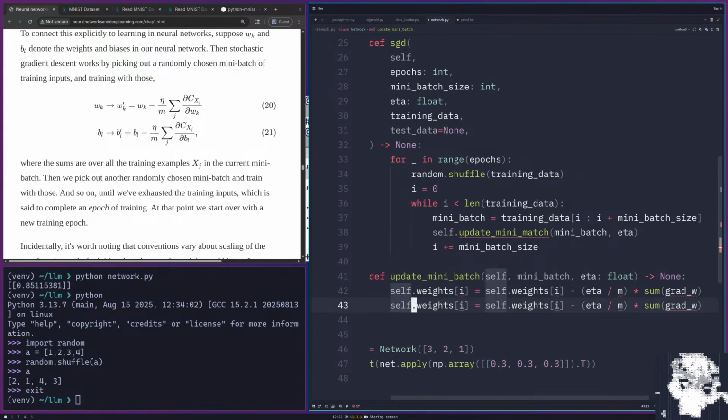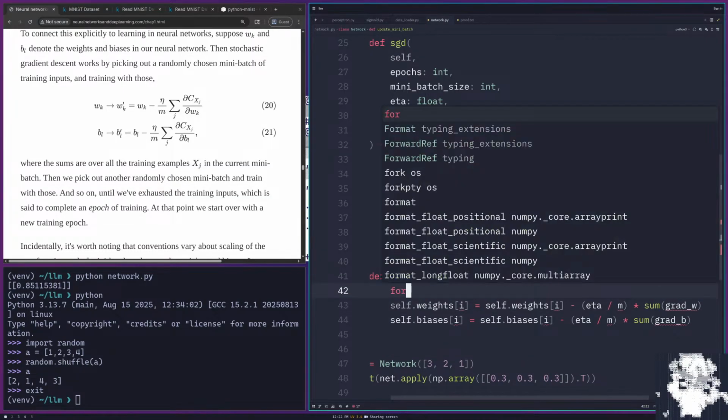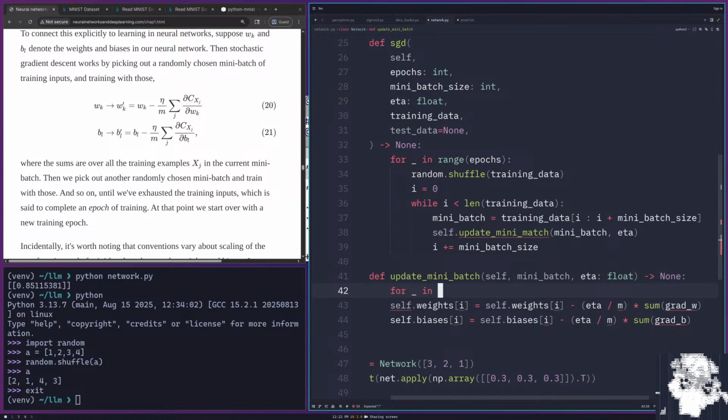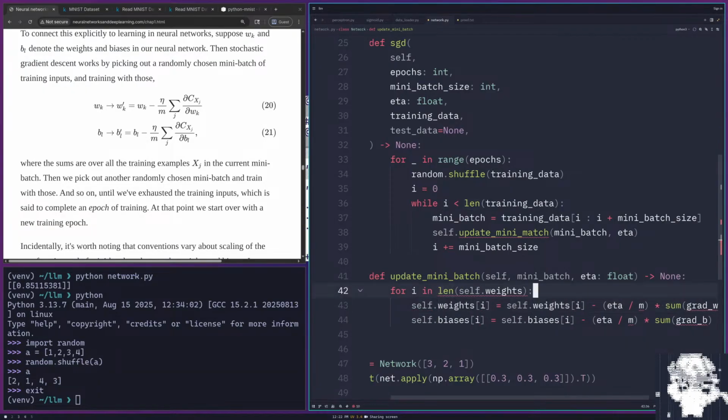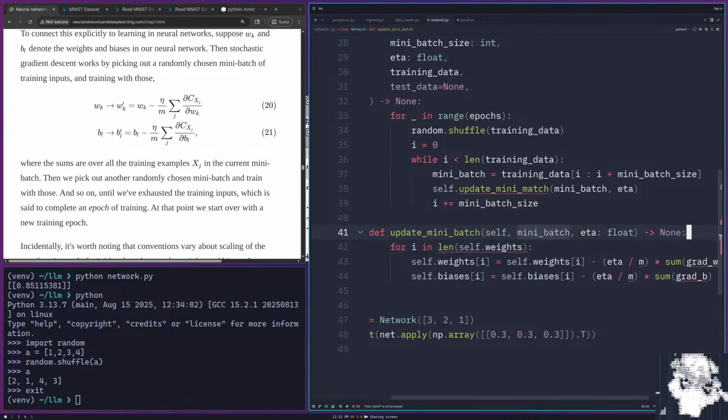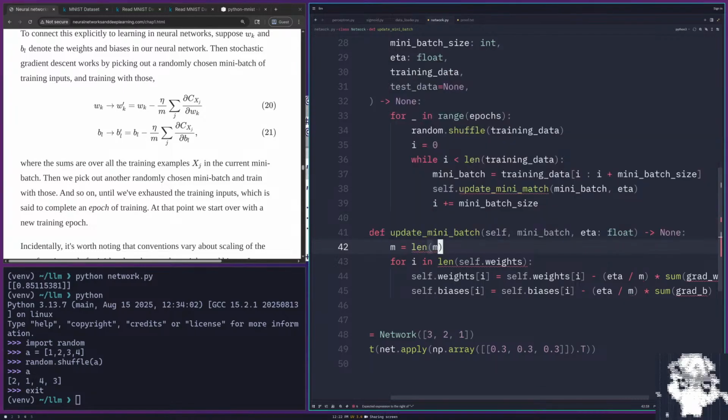And then similarly for biases, self.biases of i, biases minus grad of b, for i in range of len of self.weights, you do this stuff. m is equal to the len of the size of the mini batch.